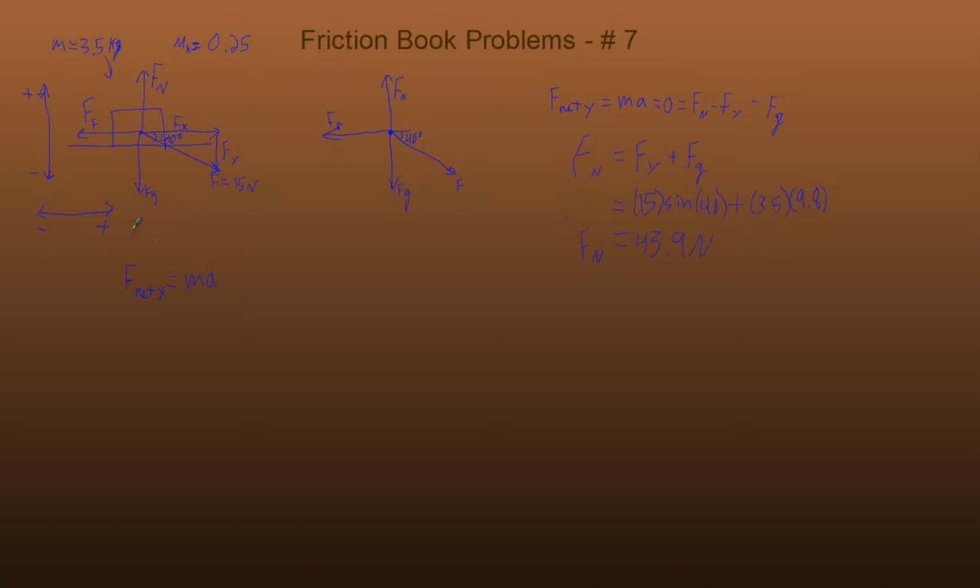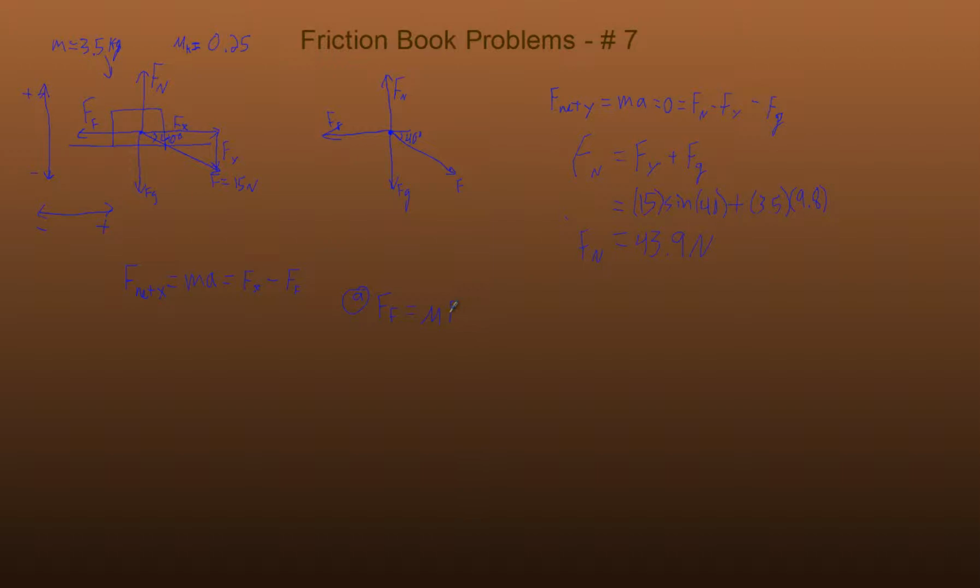It's positive to the right, negative to the left. There's only two forces going on: Fx and F friction. So I've said Fx is positive minus force of friction. So actually, before I go any farther with this, part A is asking for this by itself. So let's just find this first. We have enough information. Part A is asking for Ff.